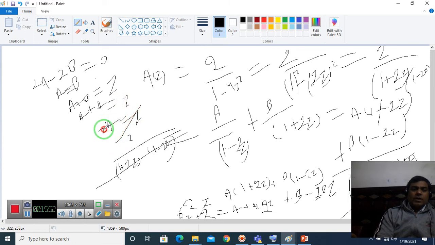The value of a is 1, and since a equal to b, the value of b is also 1. So this becomes 1 upon 1 minus 2z plus 1 upon 1 plus 2z.